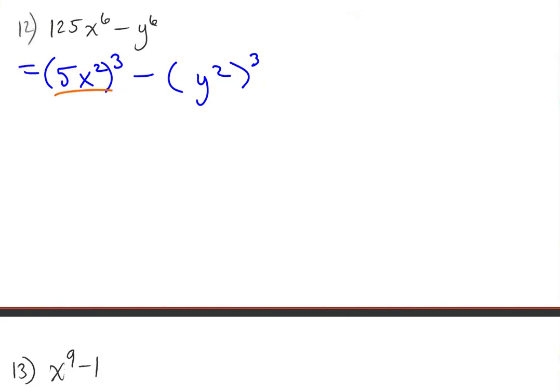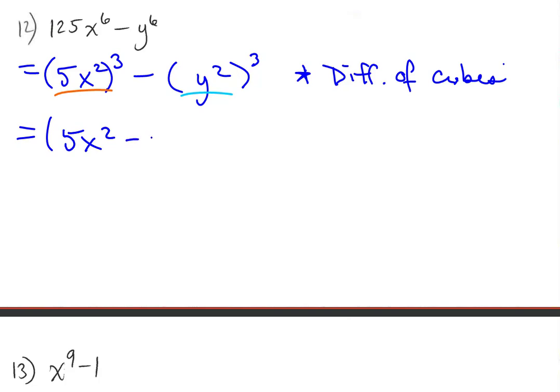We have our a as 5x squared, and we have our b as y squared if we're using the difference of cubes. So this is a difference of cubes formula, and we'll go ahead and just plug it all in now. So we have 5x squared minus y squared. That's the a minus b. Then we have a squared. Now, if we skip a step on that by writing, remember that's 5x squared.